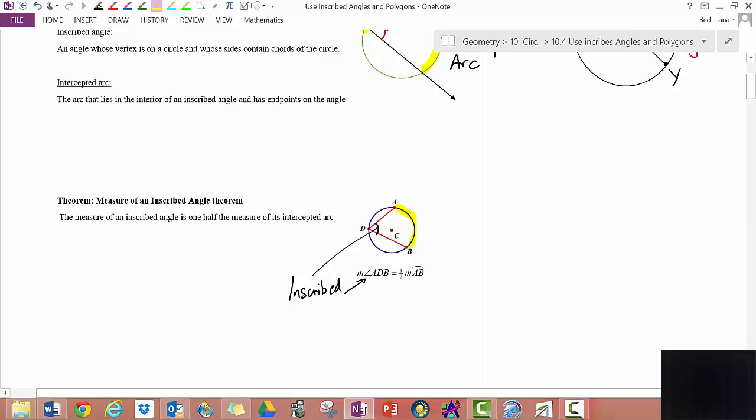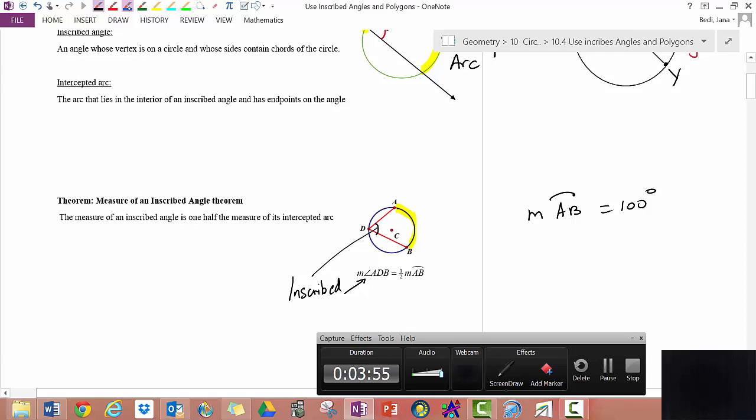So over on the side, let's just say that the measure of arc AB is 100 degrees.